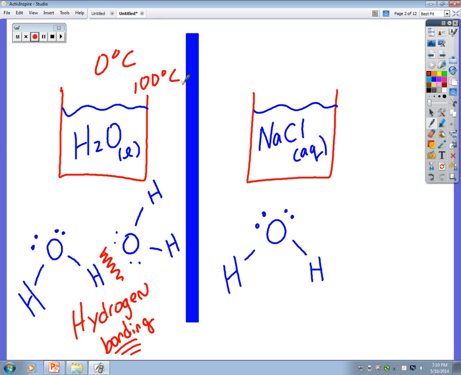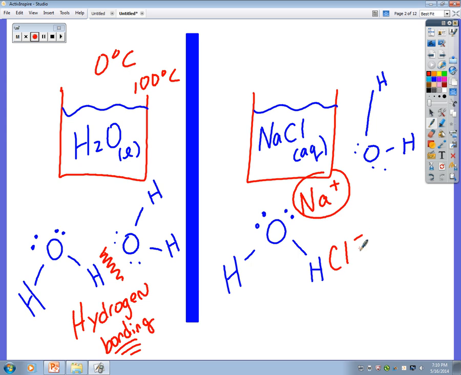Now, let's put sodium and chlorine into it. What do you have floating around here? You have an Na plus ion, which is going to attract to this negative oxygen. So this sodium ion attracts to water, and other water molecules come and surround it and dissolve it. Now, what's true here is this chlorine ion, which is negative, gets surrounded by all these H's.